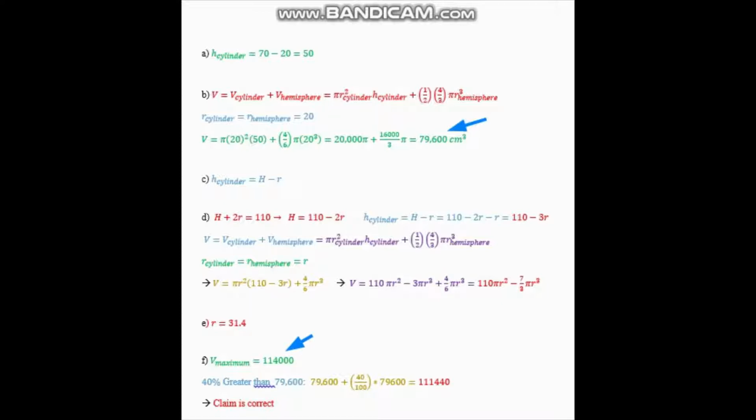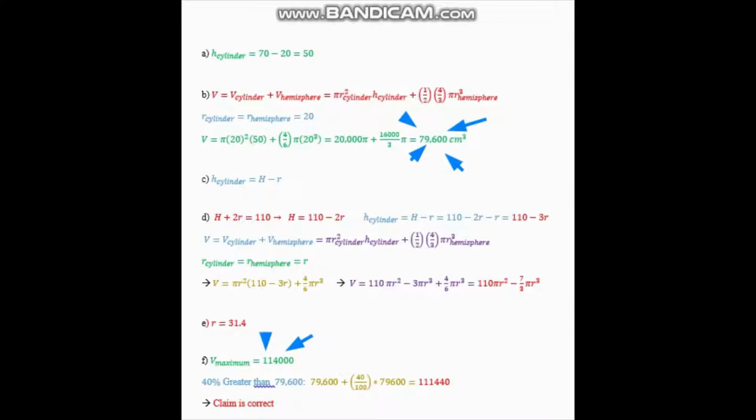So I just need to figure out whether this number is 40% greater than this number or not. I can calculate the number that is 40% greater than this number, which is basically found by adding 40% of this number to 100% of this number.